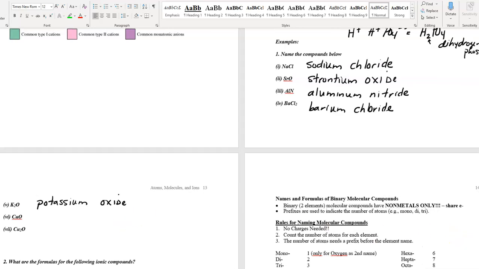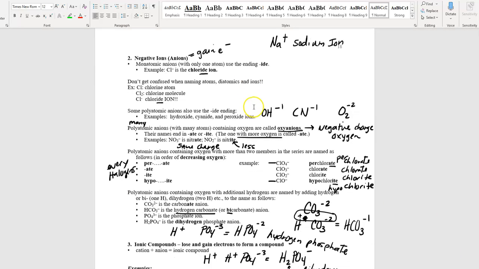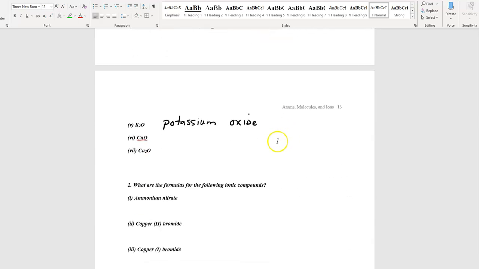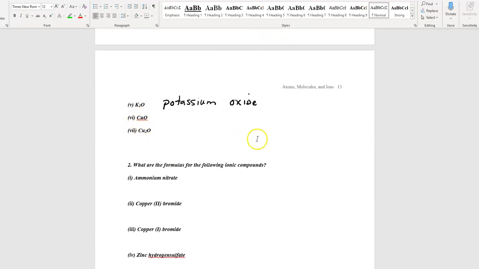Now I'm going to make this last part bigger because I have 2 elements, and both of those coppers are transition metals. Make a big note: anytime you have transition metals, or elements under the staircase, there are some exceptions, you need those Roman numerals. So if it's a transition metal or under the staircase, you need those Roman numerals.